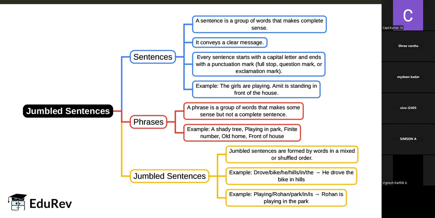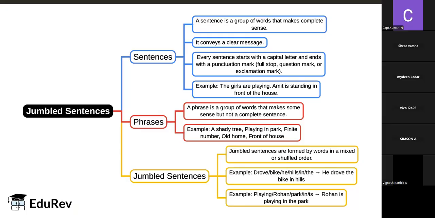The third topic is jumbled sentence. Jumbled sentences are formed by words in a mixed or shuffled order. Example: drove, bike, hills, in, the.